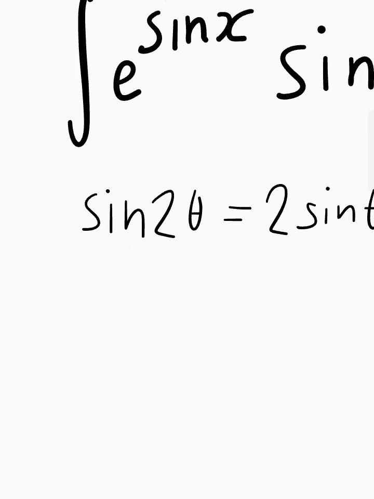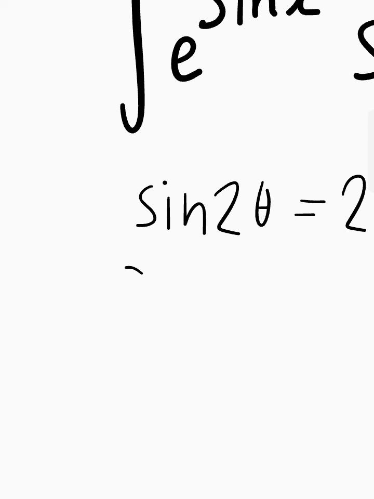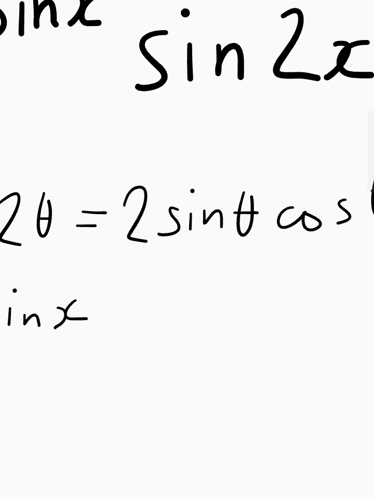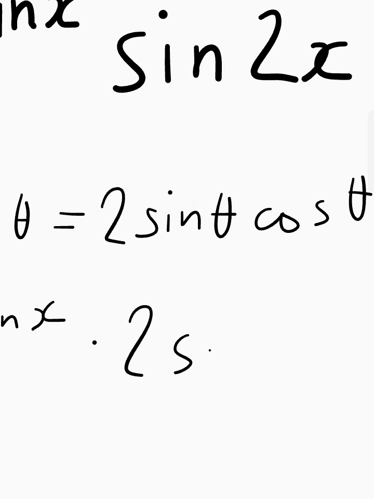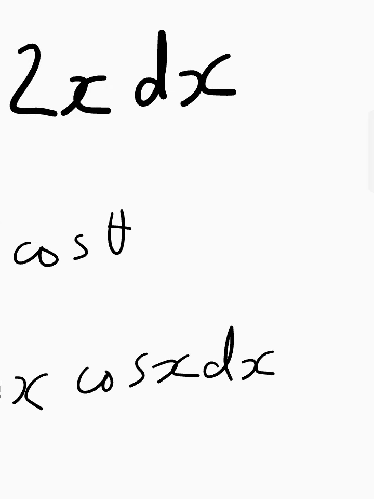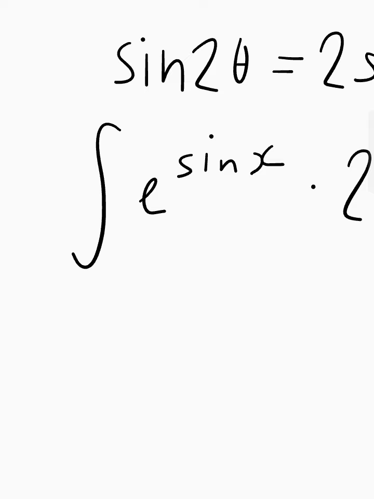Alright, so then I can write this integral as being e to the sine x times 2 sine x cosine x dx. And so I can put the 2 at the front, which I will just worry about later.